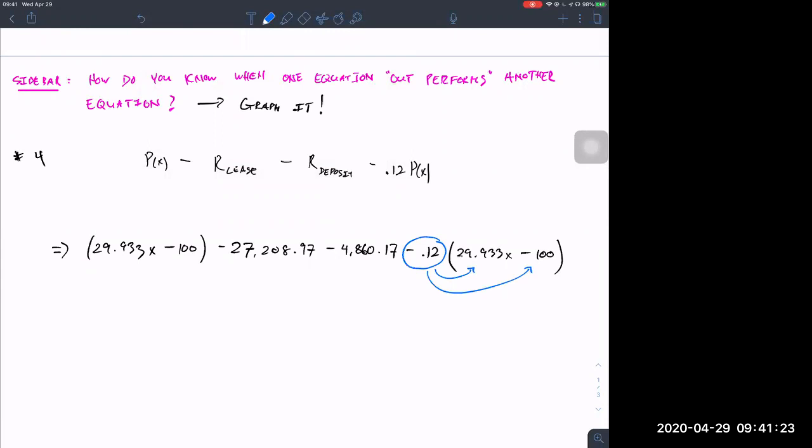It may look a little choppy, but that's the only distribution that exists in the problem. If you write it at face value, you got profit function, line up with profit, lease with lease, deposit with deposit, and then now 12% of the profit function, or 0.12.